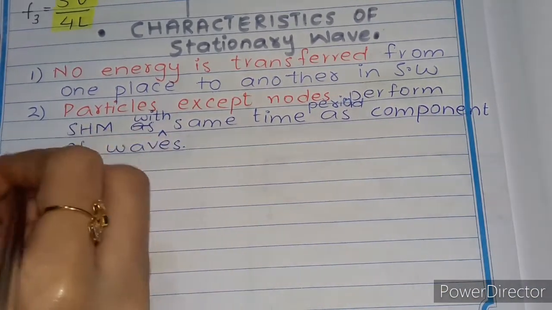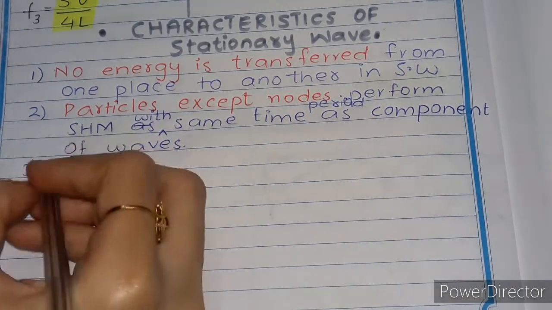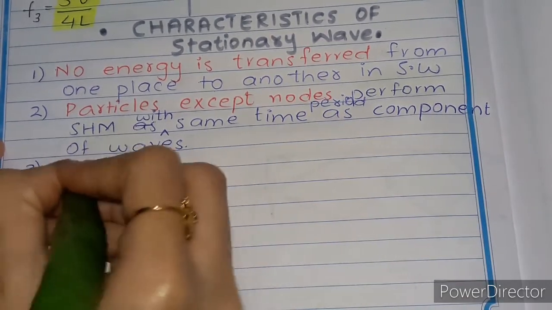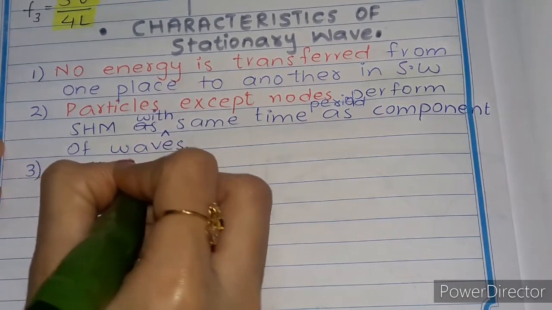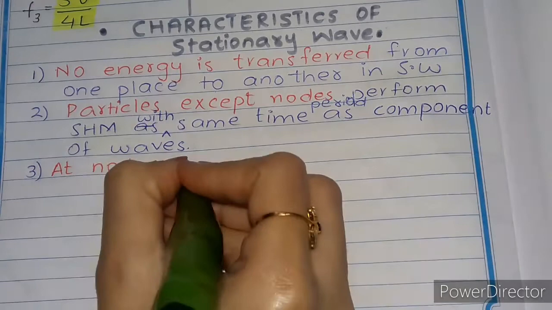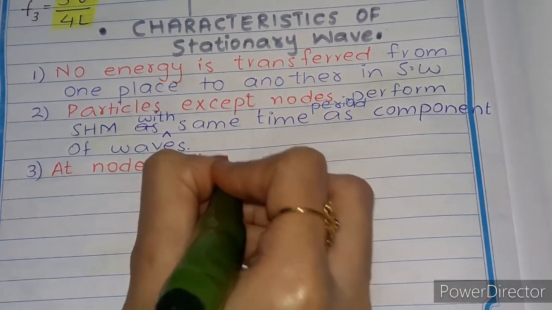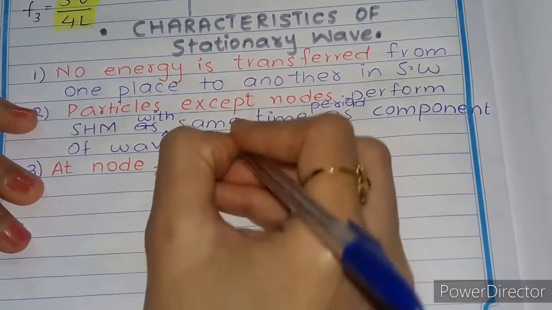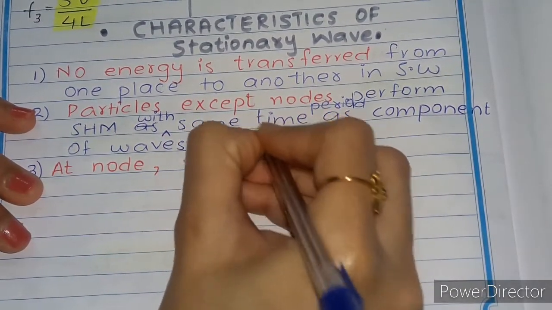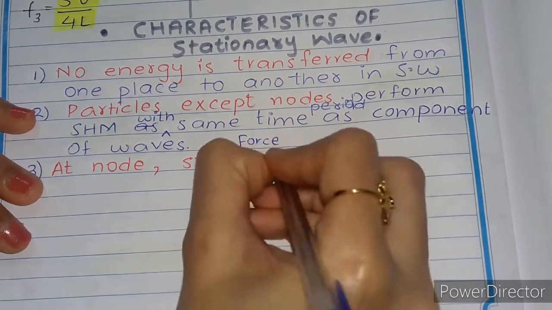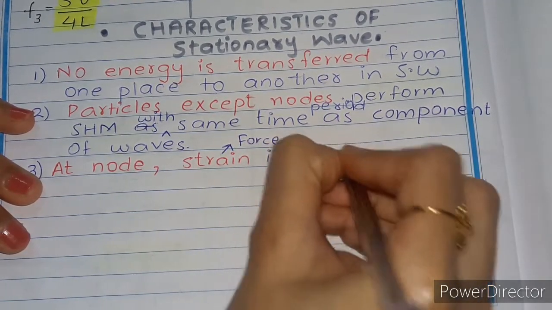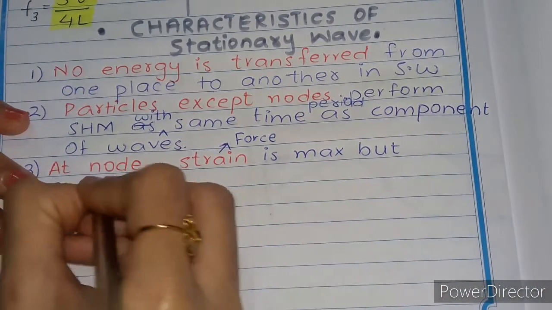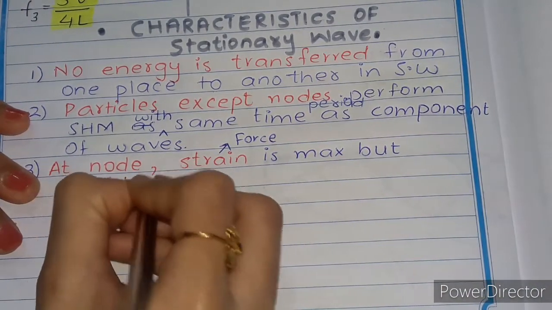Next point is at a node, strain is maximum. Strain means force, change in force is maximum, but displacement or amplitude is zero.